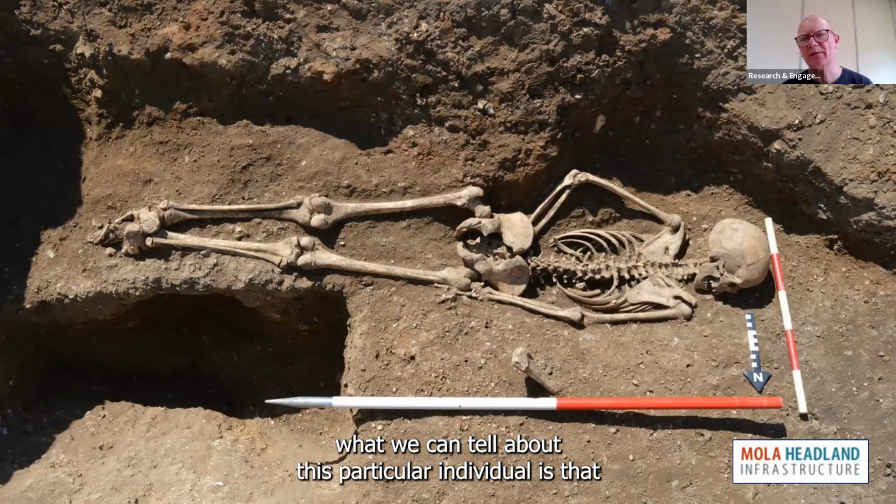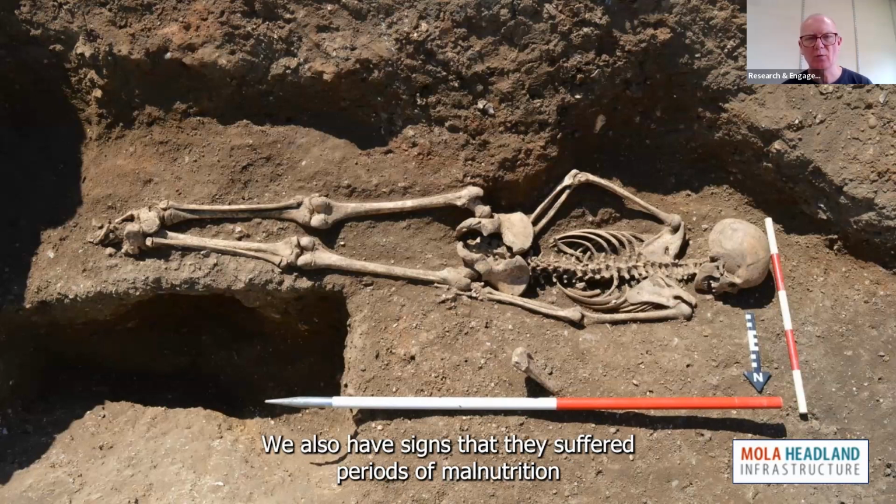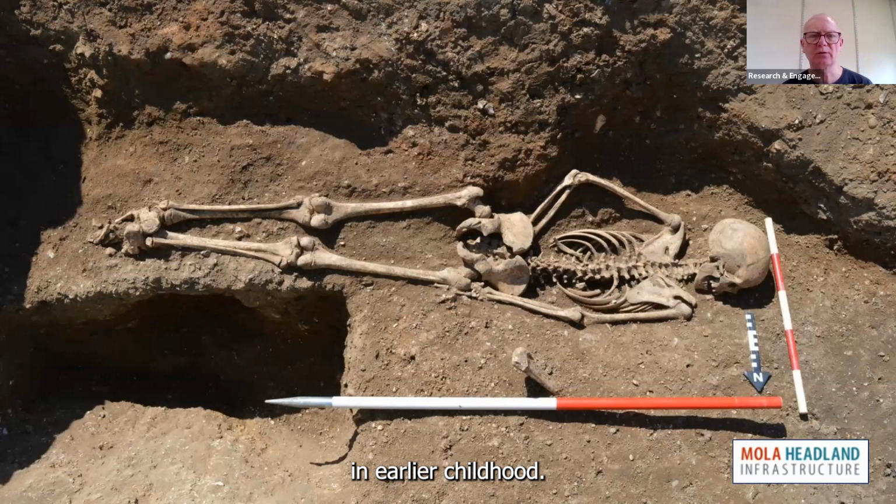What we can tell about this particular individual is that they were someone who died around the age of 15 years. And from the DNA evidence, we know that genetically they were a female. Looking at the skeleton itself, we have quite a bit of evidence of joint disease. We also have signs that they suffered periods of malnutrition in earlier childhood.